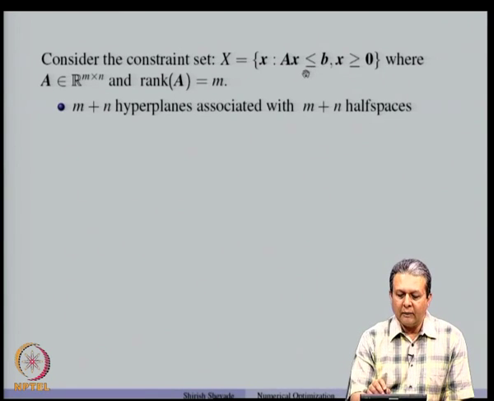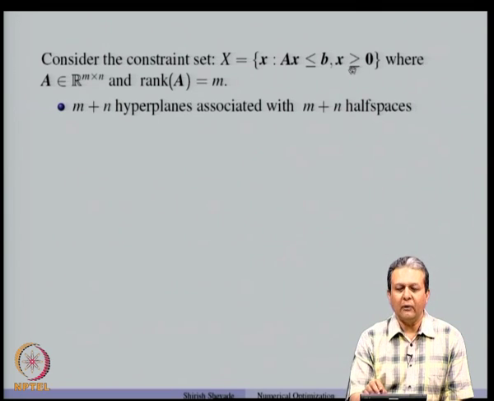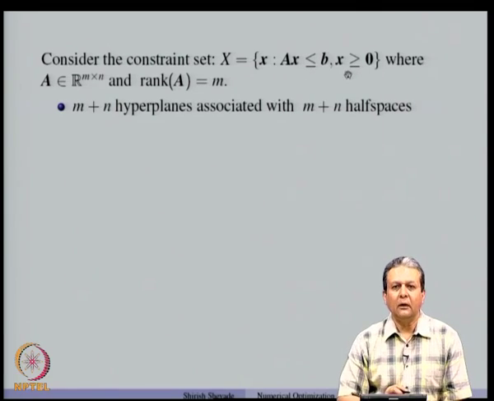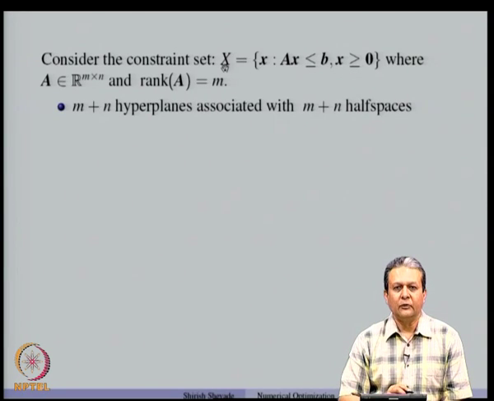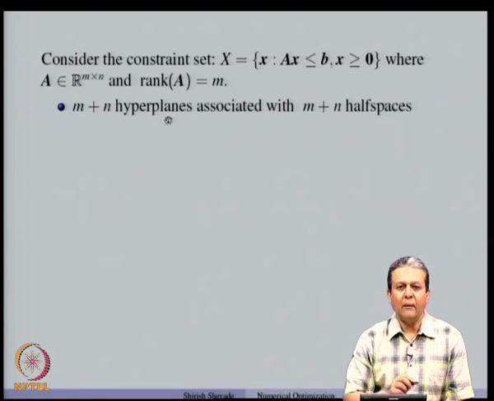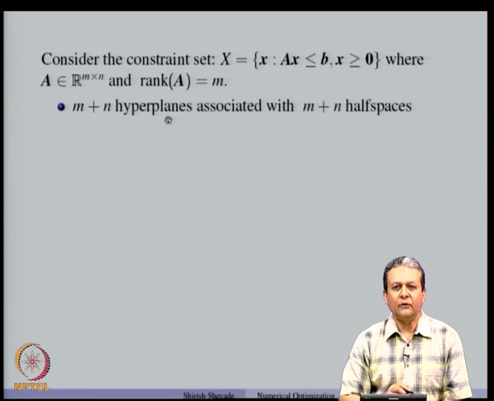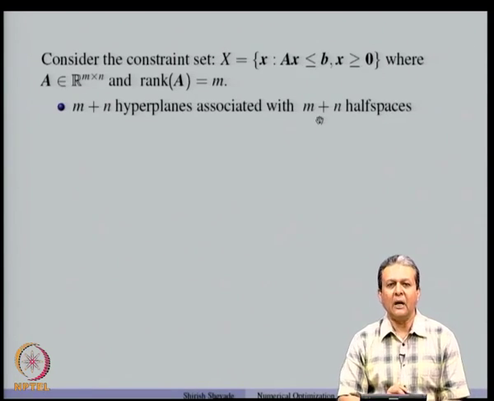Remember that there are m constraints associated with Ax less than or equal to b and n constraints associated with x greater than or equal to 0. So, in all we have m plus n constraints associated with the constraint set X, which means we have m plus n hyperplanes associated with those m plus n half spaces.